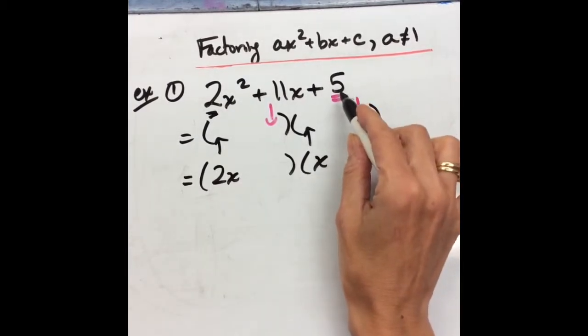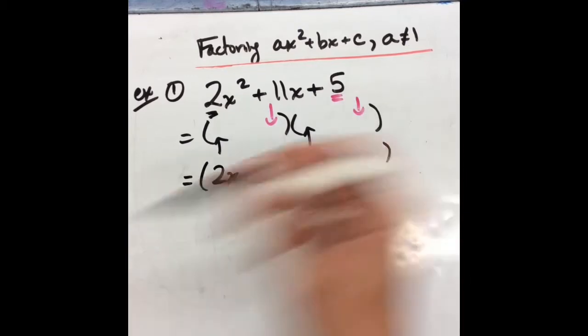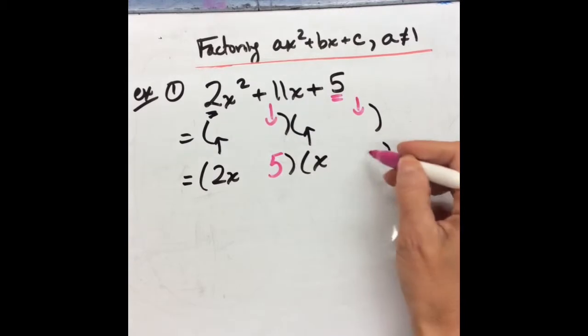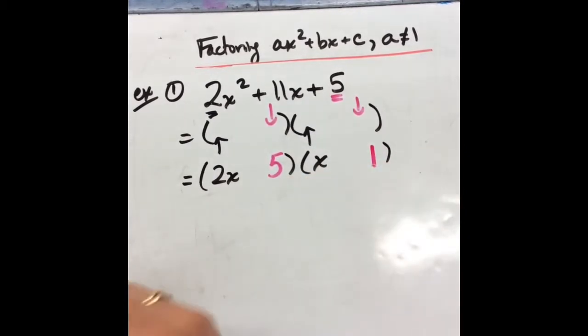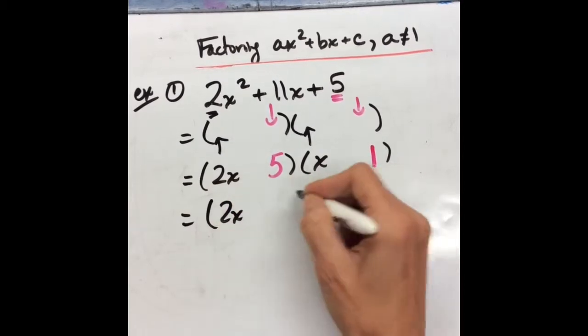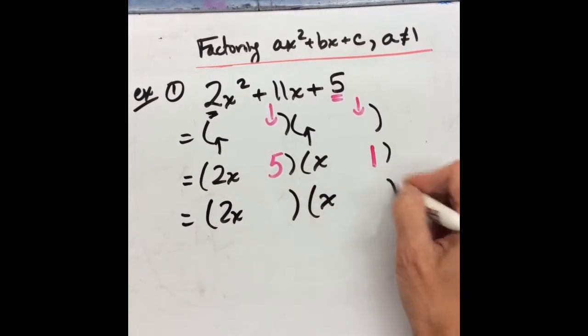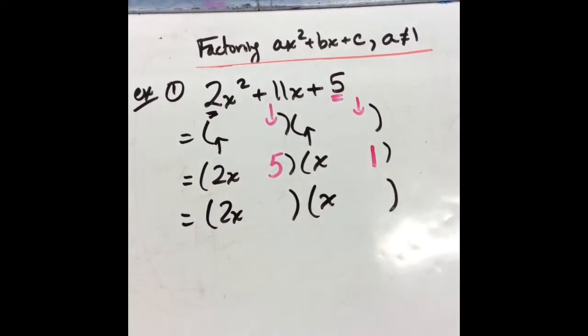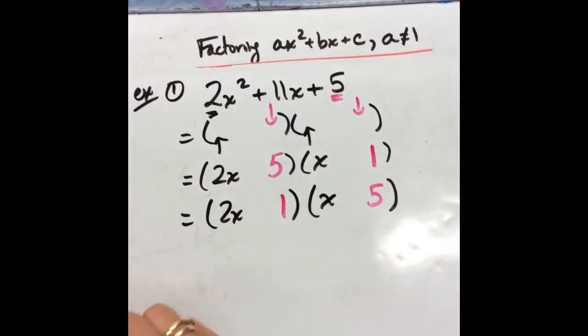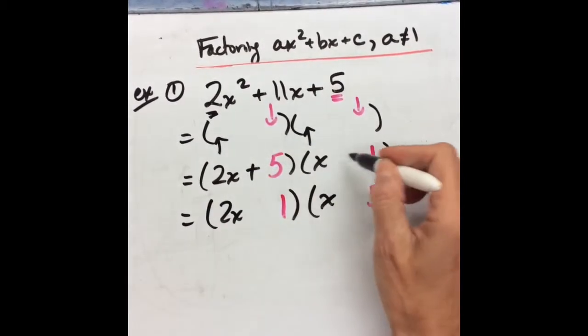To get positive 5, you can either put your 5 here and your 1 there, or you can switch it and put your 1 here and your 5 there. Now because it's all addition, we're going to just put in the pluses.